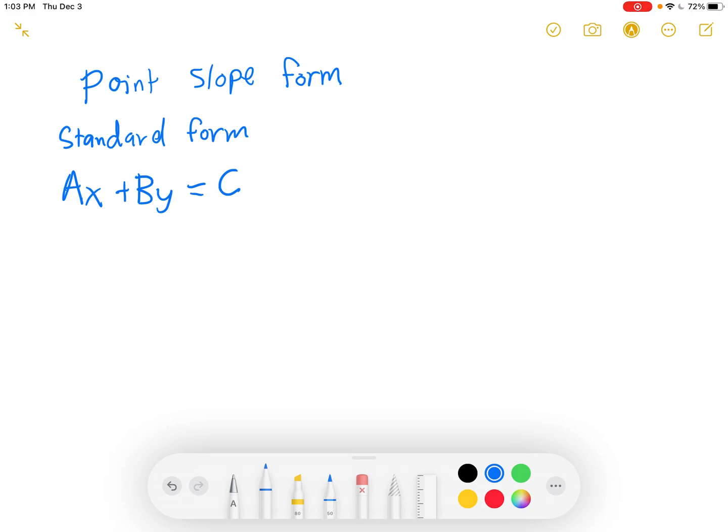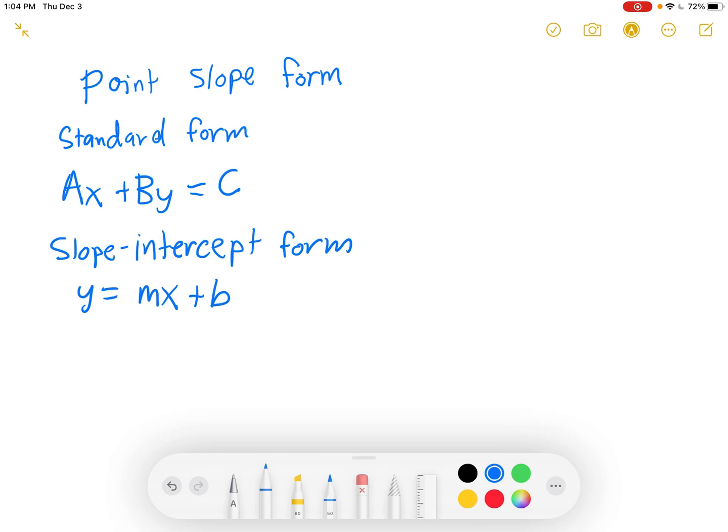We also know slope-intercept form, which is y = mx + b, where m is the slope and b is the y-intercept.